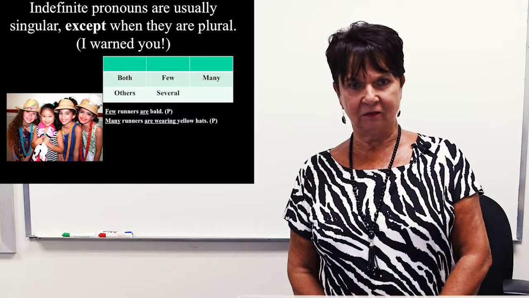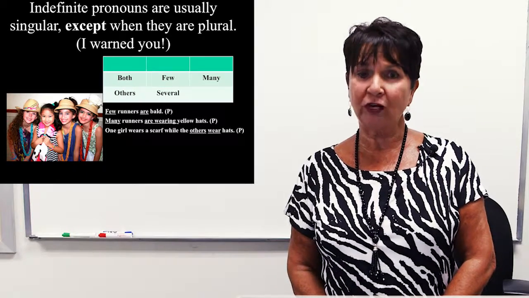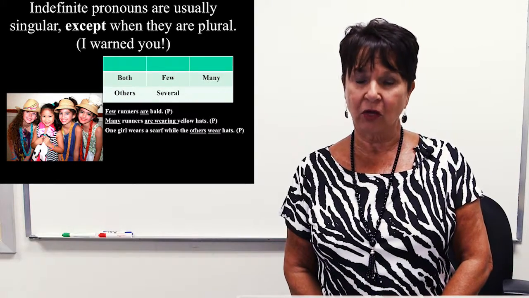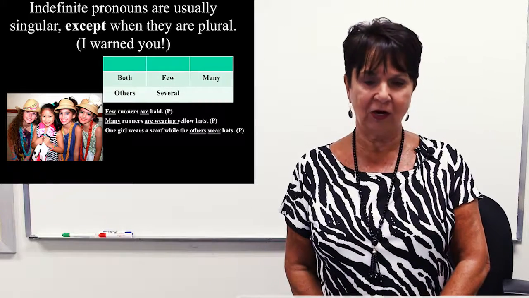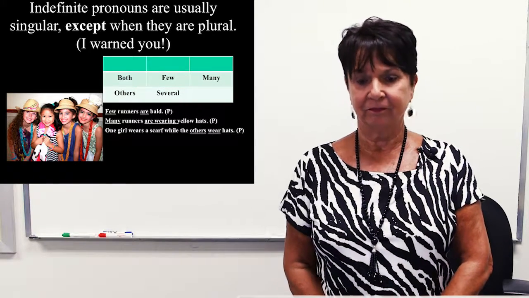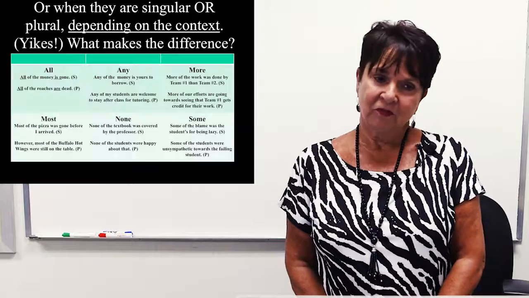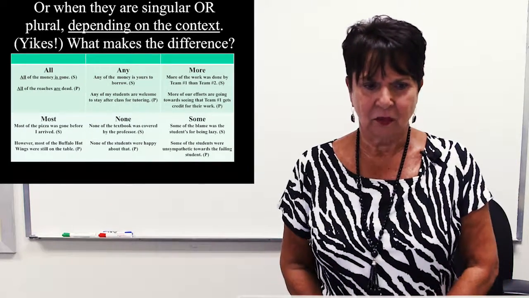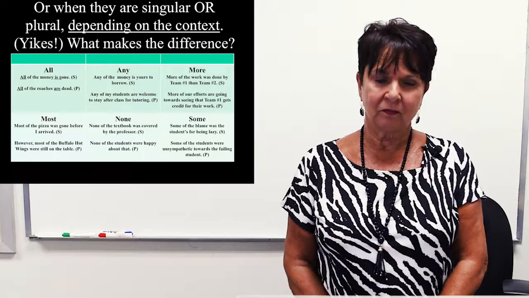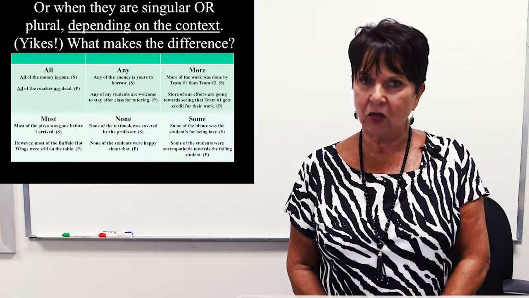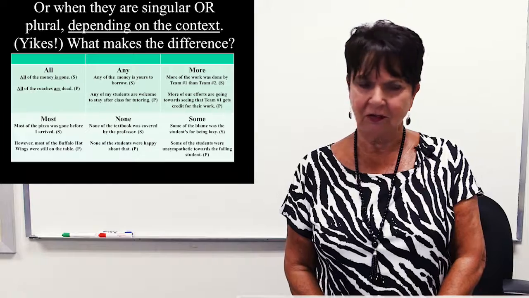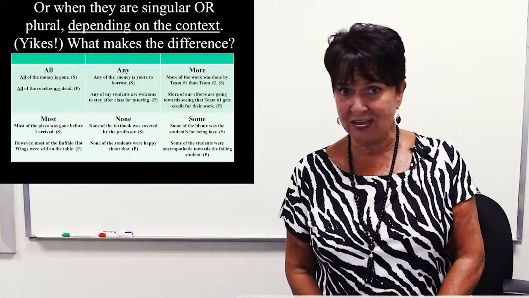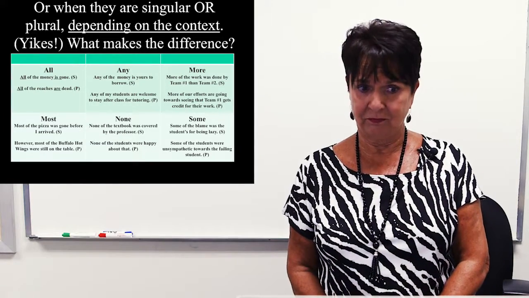Look at these young ladies. One girl wears a scarf while the others wear hats. Singular or plural depends upon the context. What makes the difference? All of the money is gone is singular. All of the roaches are dead, that's plural.